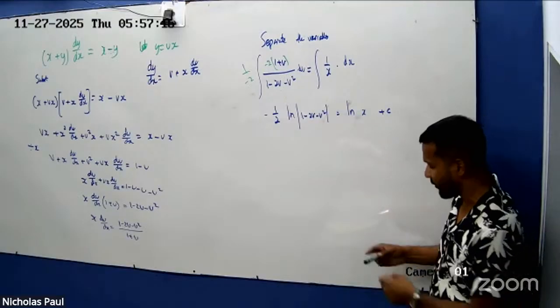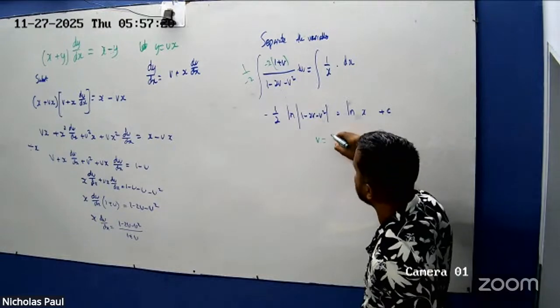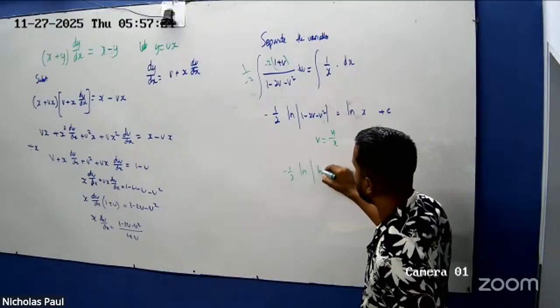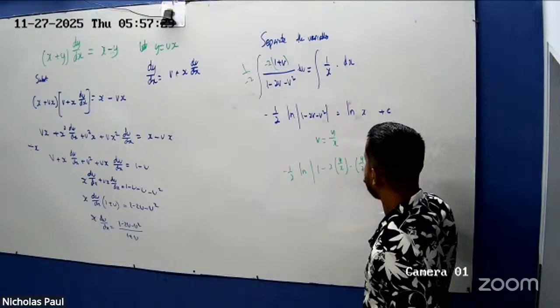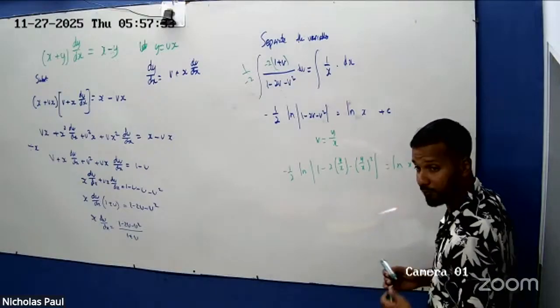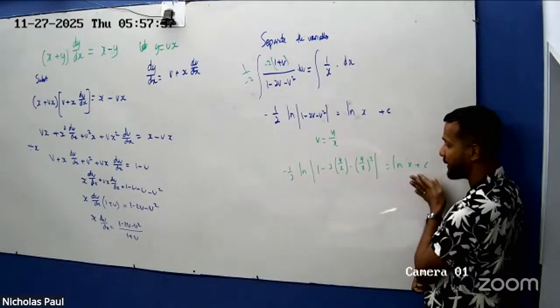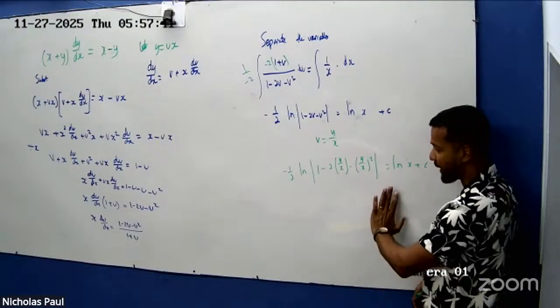Oh wait, I forgot to put back in x and y. So you'll get minus a half ln of 1 minus 2y on x, y on x squared, is equal to ln x plus c. If you want to make it look neater, you can multiply everything by 2, bring it up, and cancel off the ln. But like that is good enough for now.